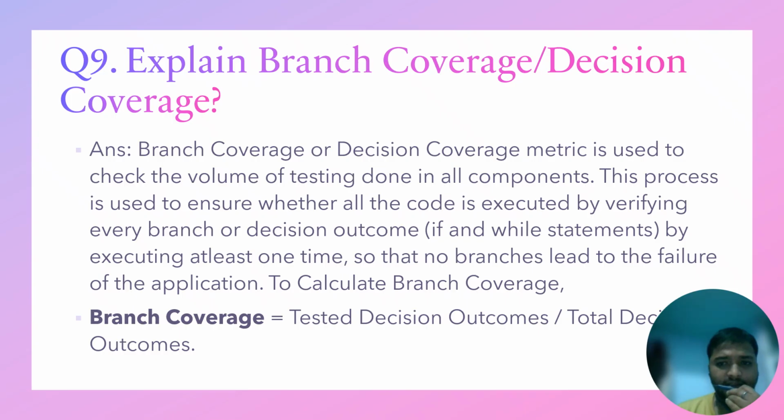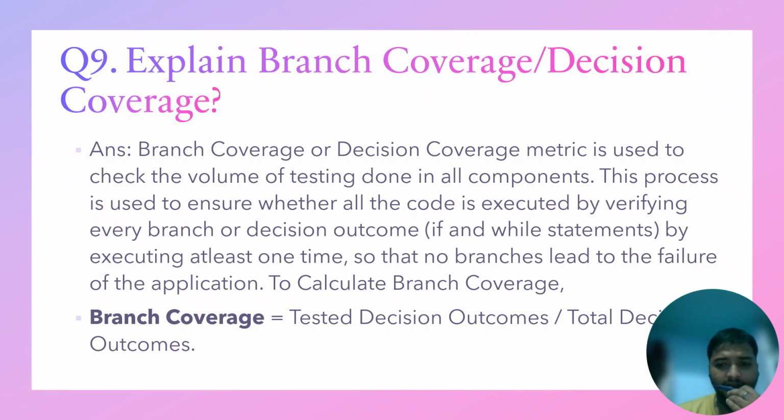Explain branch coverage, decision coverage. Branch coverage or decision coverage is a metric used to check the value of testing done in all components. This process is used to ensure that all the code is executed by verifying every branch or decision outcome, in if and while statements, by executing each at least one time so that no branch leads to failure of the application.